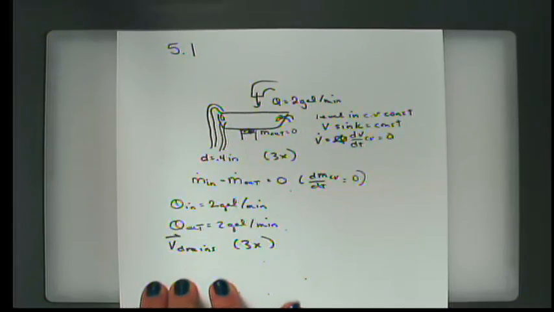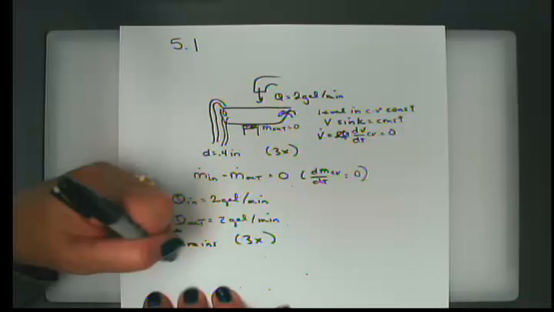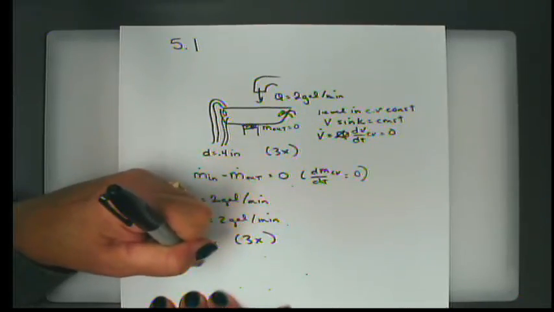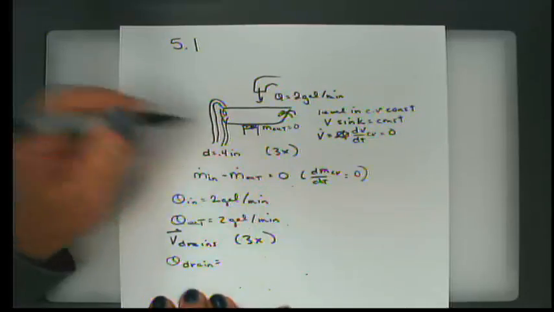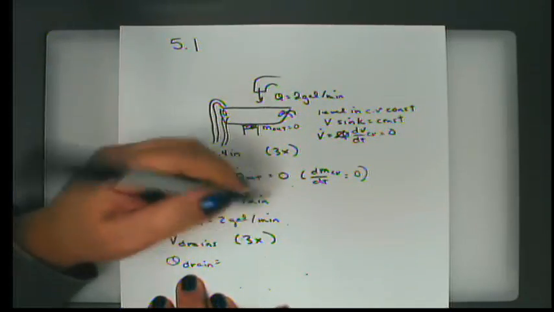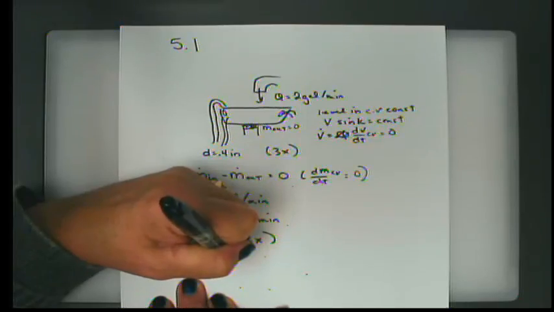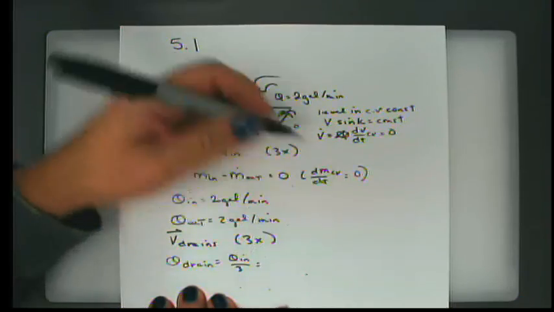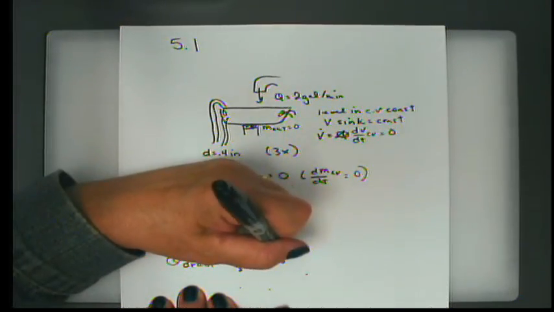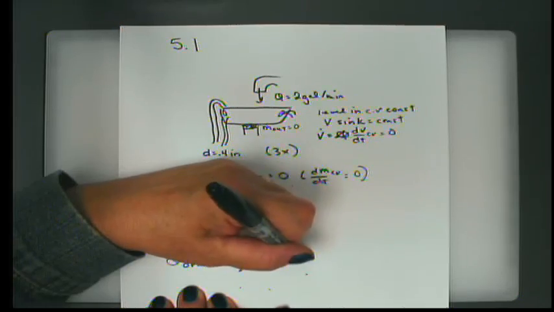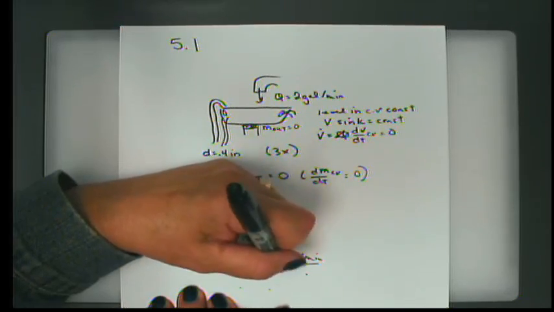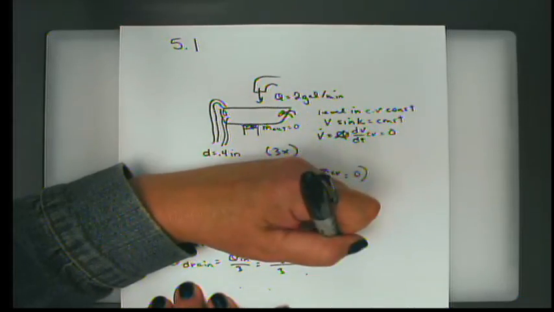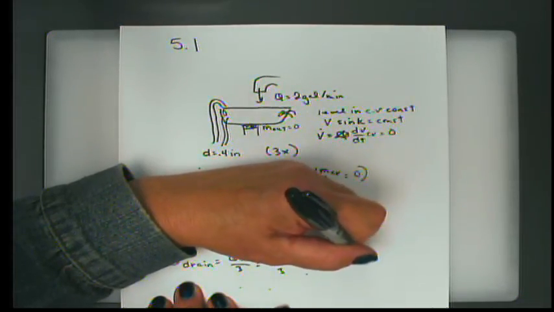Q per drain then, since there are 3 of them with equal diameters, equals Q in divided by 3, which is 2 gallons per minute divided by 3, or 2/3 gallon per minute.